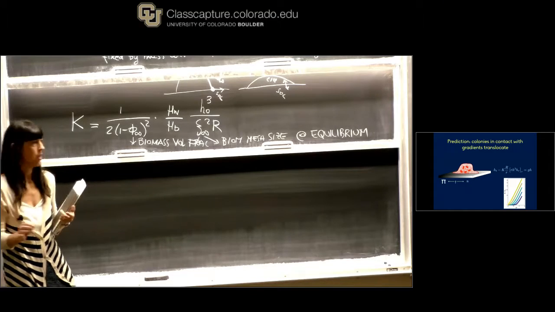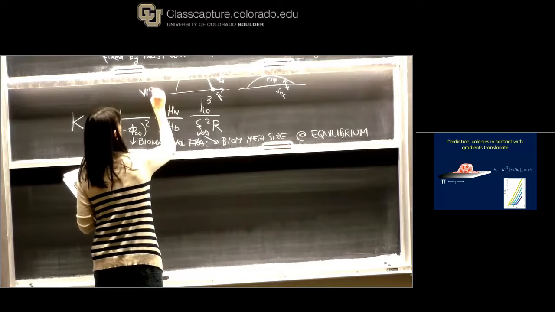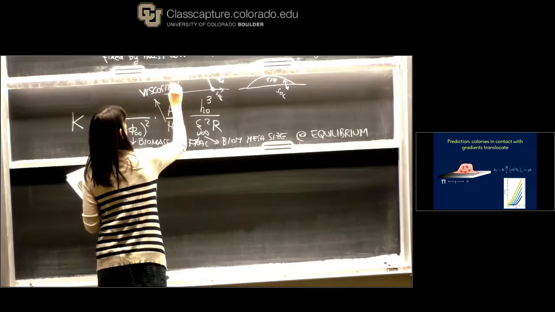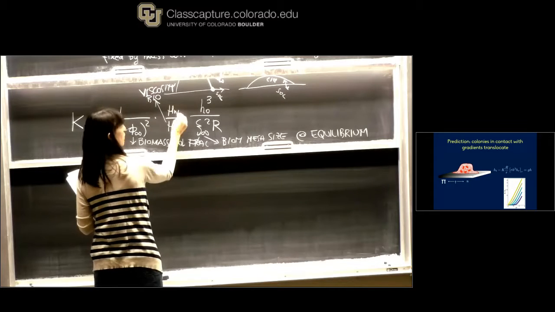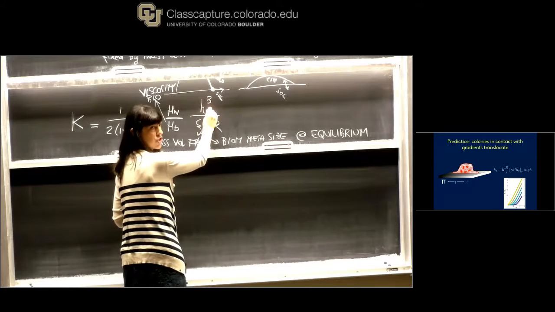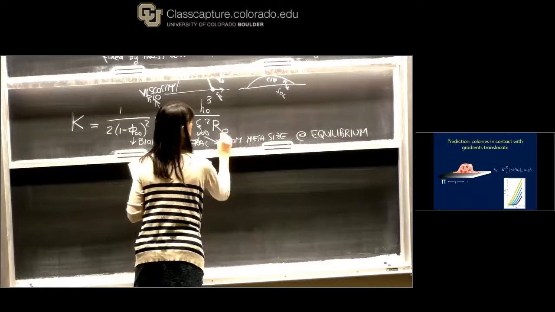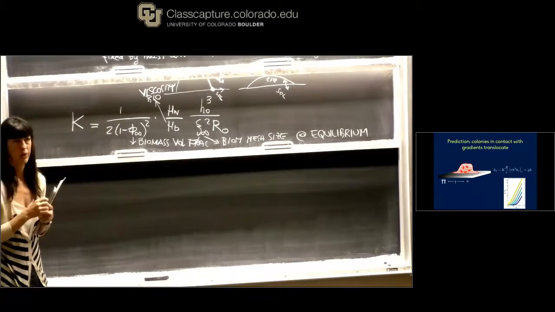Good? Okay, and then we have mu b, which is viscosity of the biomass. This is viscosity of water. This is the initial geometry, h0 at the initial time and r at the initial time. Let's call it R0.